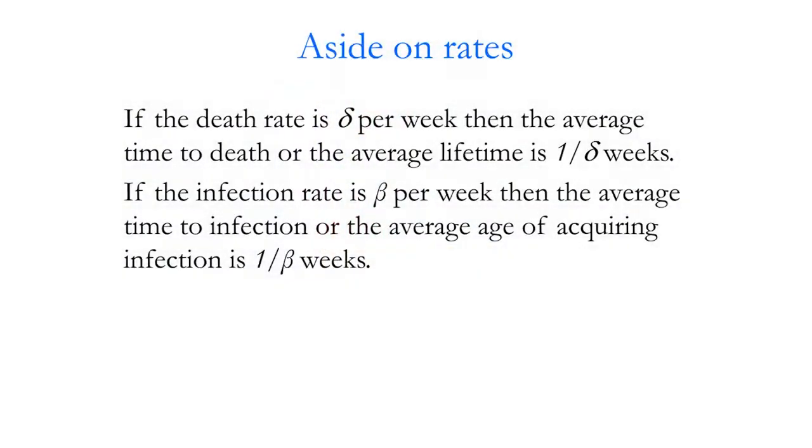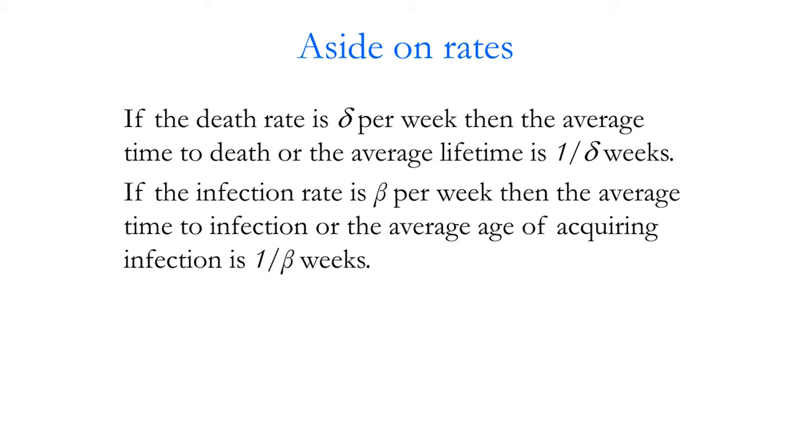You can make the following approximation. If the death rate is some amount delta per week, then you can show, using probabilistic arguments and making various assumptions, that the average time to death, the average lifetime, is 1 over delta weeks.